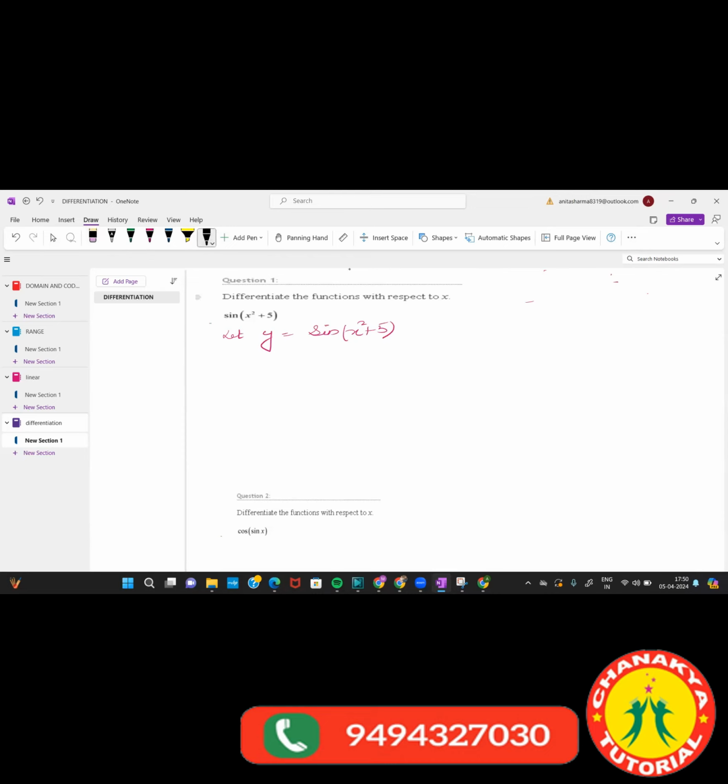See, beta, the chain rule is basically used in this type of question. So you can let y is equal to sine u. I have supposed that u is equal to x square plus 5. Have you got my point? I have supposed this bracket function as u.